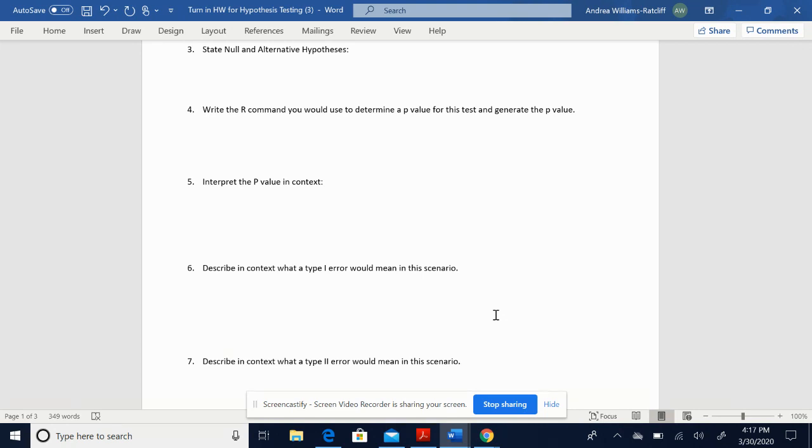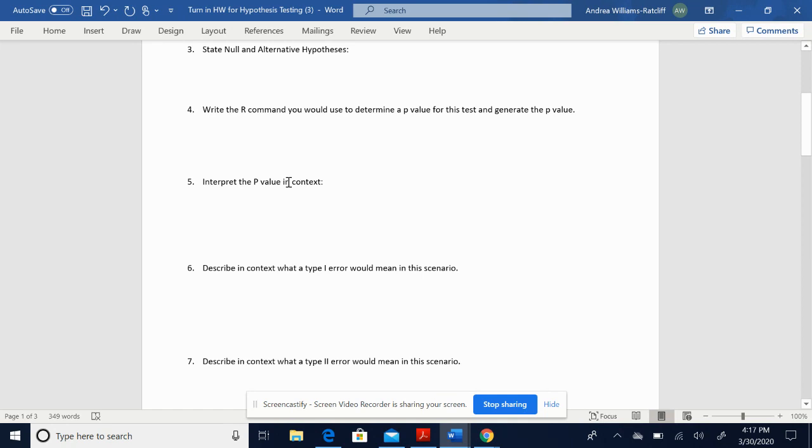Now, you can't just say that generally. You have to put it in context. You can't say this is the probability of seeing a sample like mine if the null is true. While that is the textbook definition, it is not relevant to this situation. That's what in context means.